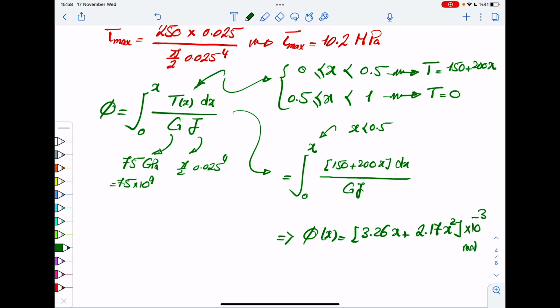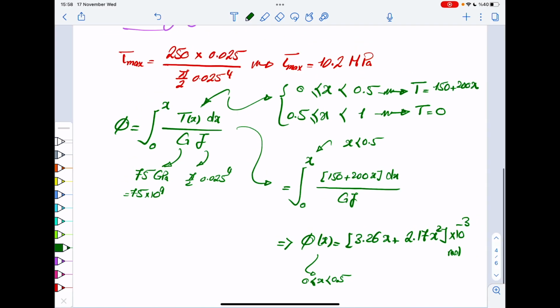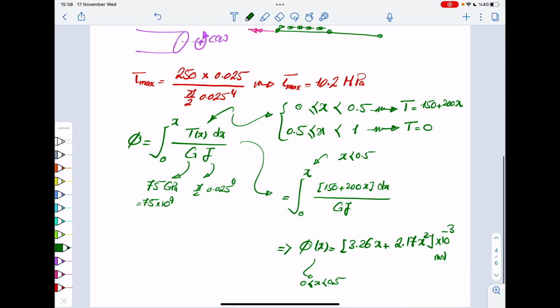All right? So this is for any x that is between 0 and 0.5. And for any x larger than that, phi is just constant. So what we want to do now is to draw that. So the question asks you specifically to draw a graph of this.